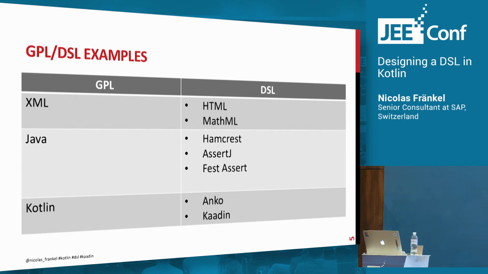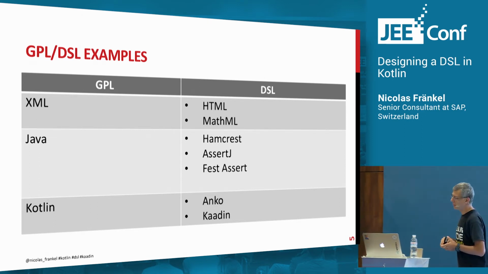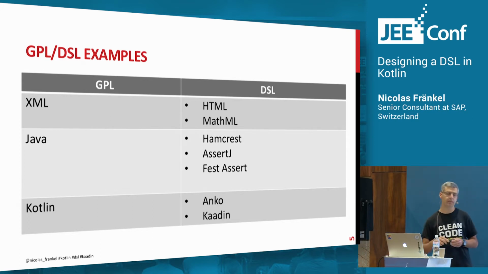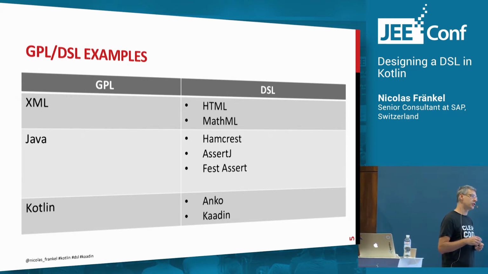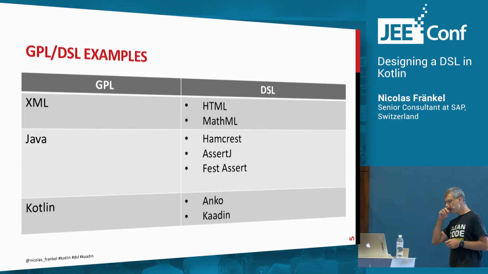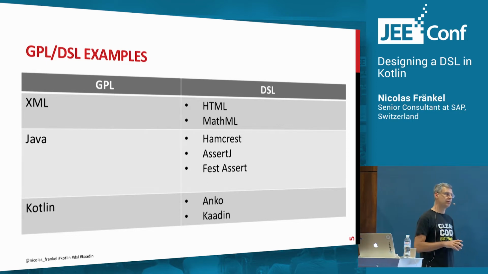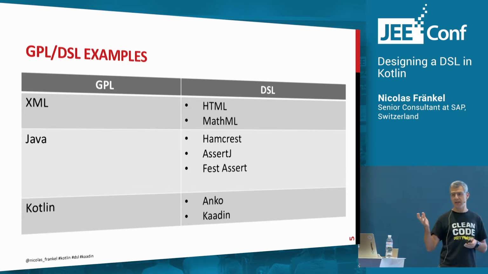Anko really is the way that you create your screens in Kotlin, in Android, sorry. Generally, when you create your screens in Android, basically you have to describe them in XML, and then you bind them in your Java code, and it's really hard to make the binding.